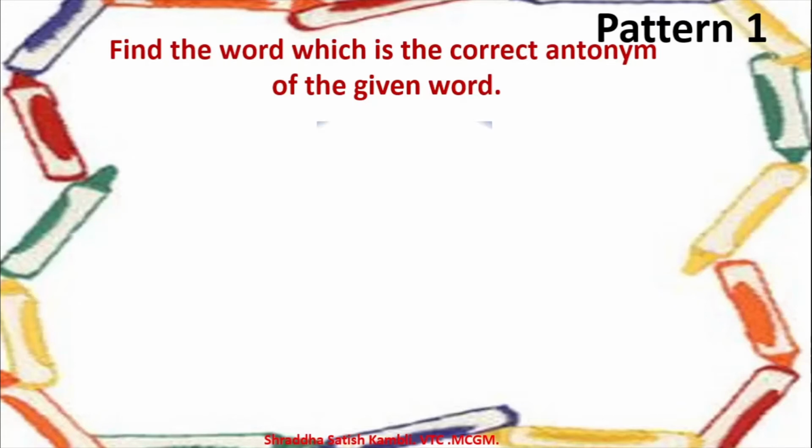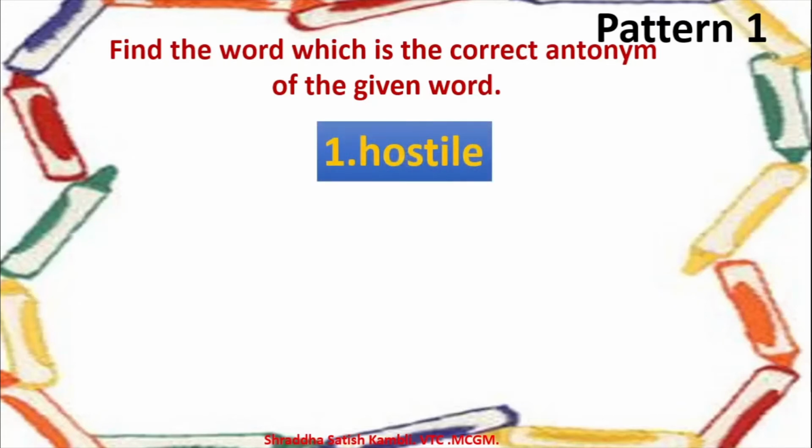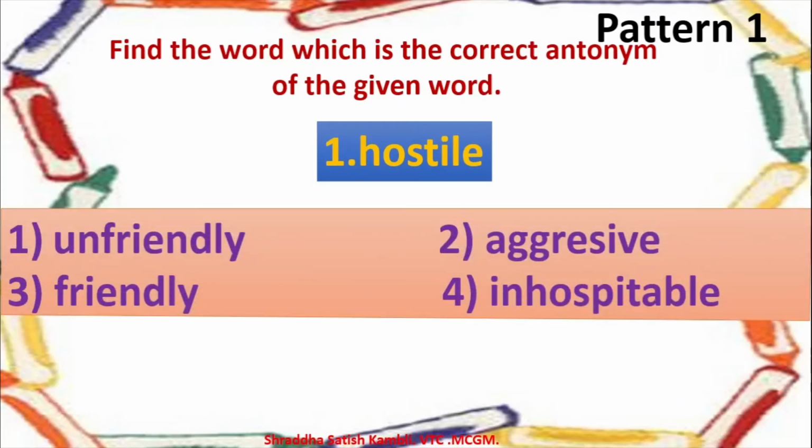So, which is the given word? It is hostile. Now what is the meaning of hostile? You have to understand that first. Hostile means someone who is not very approachable, someone who's not very friendly. Once you understood the meaning of hostile, you can find out the opposite word.